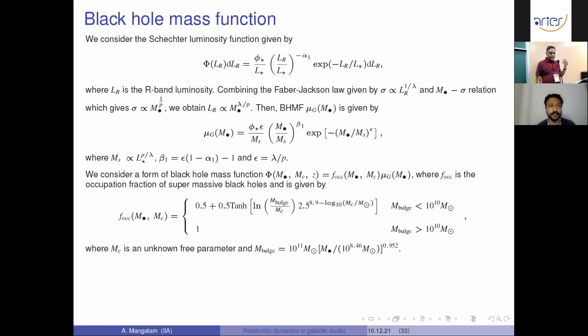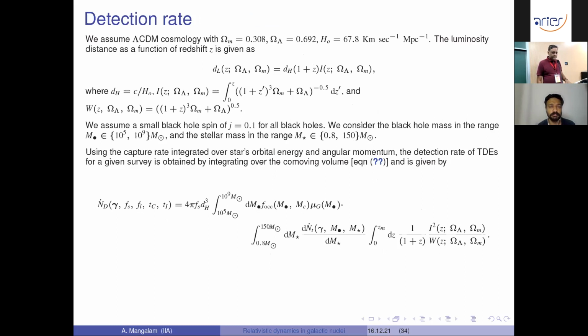That is, a fraction of galaxies are occupied with black holes, and that's an empirical formula given here. So we use that, and then calculate the detection rate that each survey would pick up, depending on the flux limits of the survey, the fraction of the sky covered, the cadence, etc.